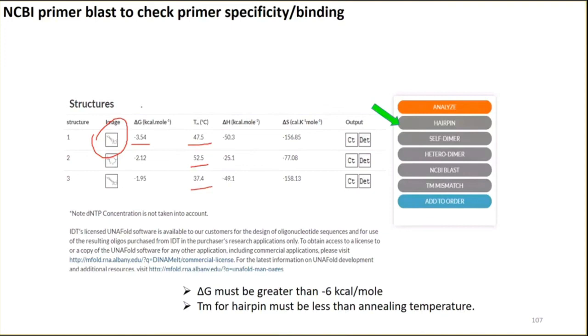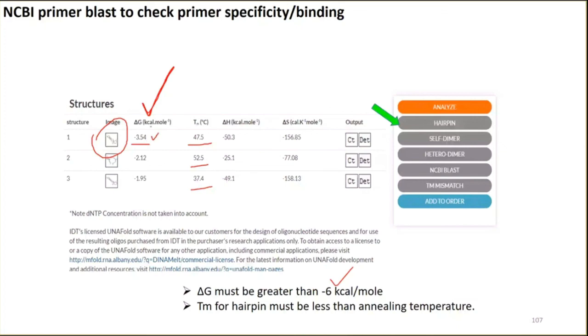We already know from the thermodynamics of the reactions, if the delta G is very low, then it forms spontaneously. The delta G should be higher than -6 kilocalorie per mole, and this primer has -3.54 kilocalorie per mole.